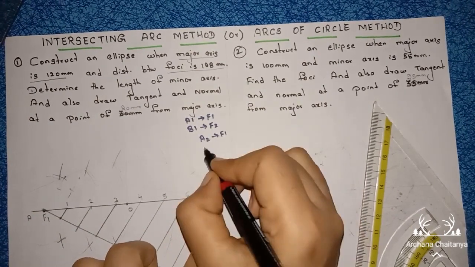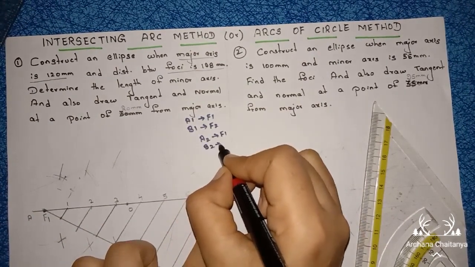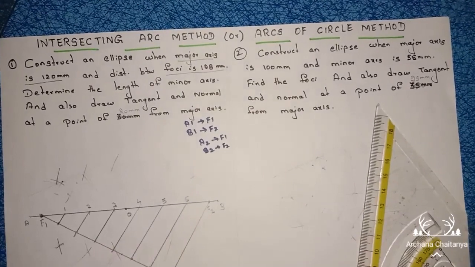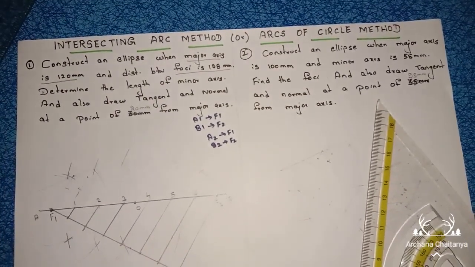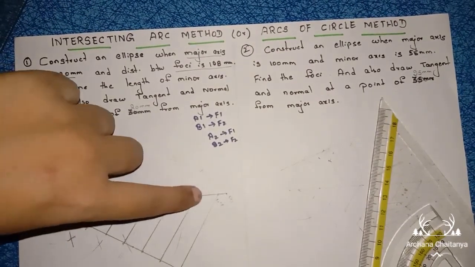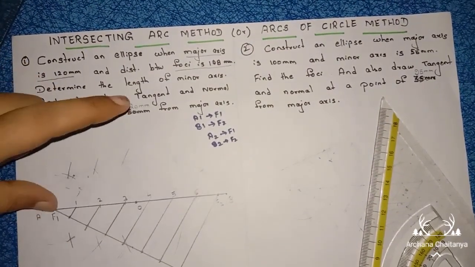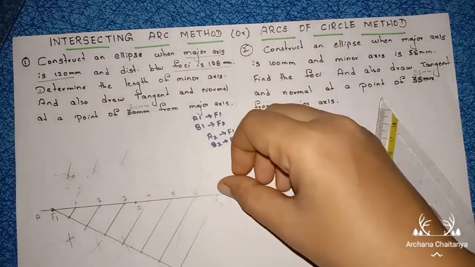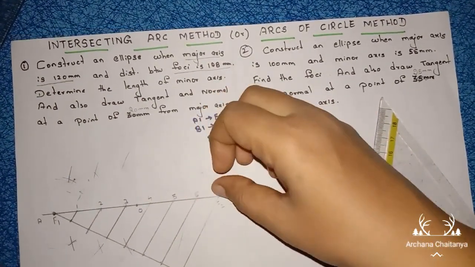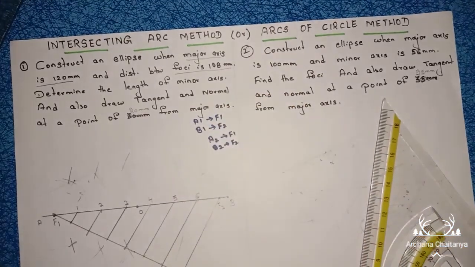B2 radius, F2 as center, we are cutting that one. Same till the sixth one also. A6 radius, F1 as center, draw an arc above and below. How will you cut that one? B6 radius, F2 as center, you are cutting that one.